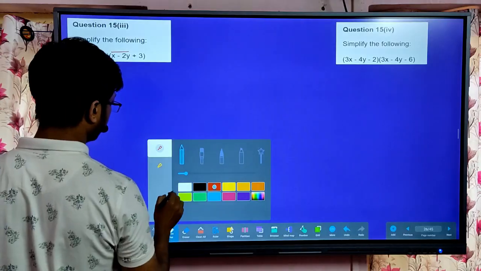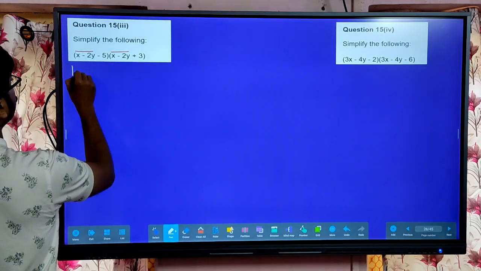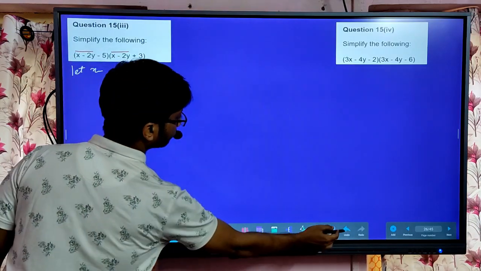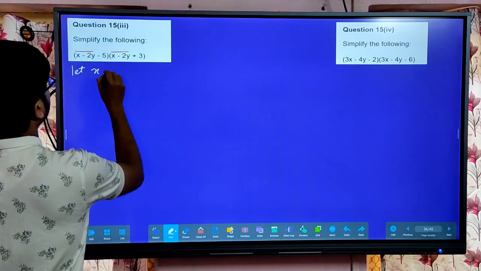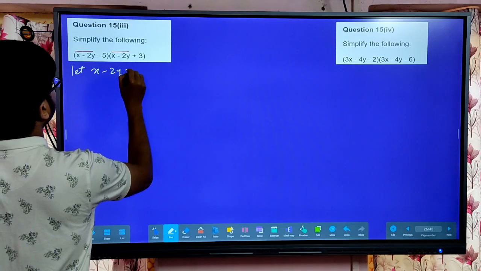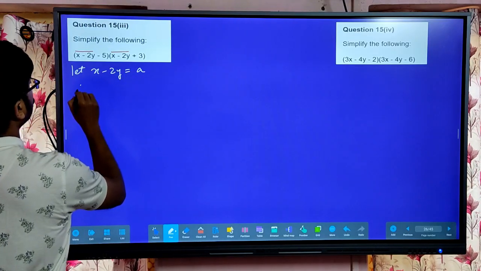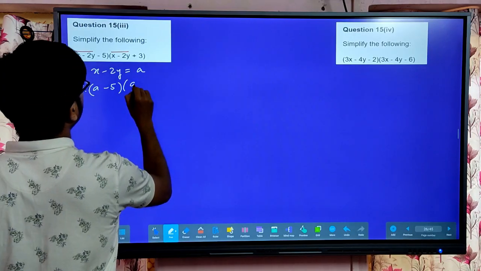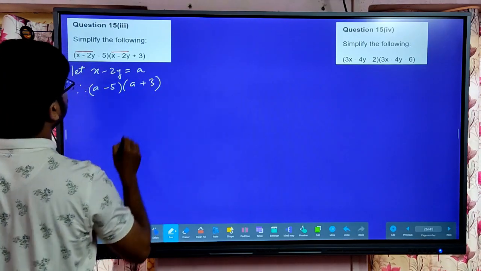So we'll write, let x minus 2y equal to a. So it will be a minus 5 into a plus 3.